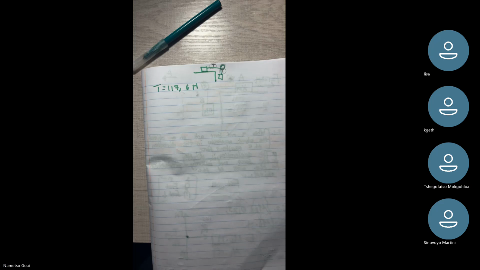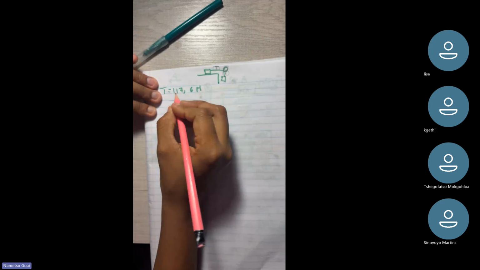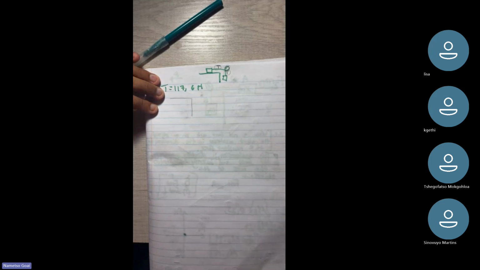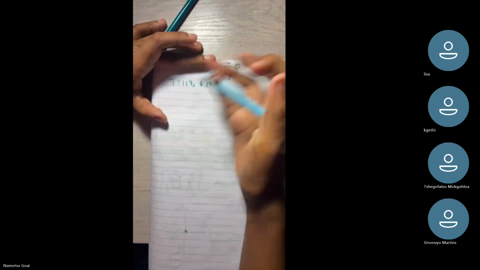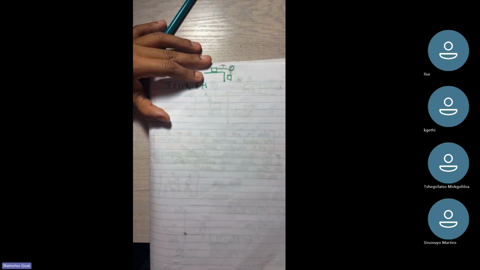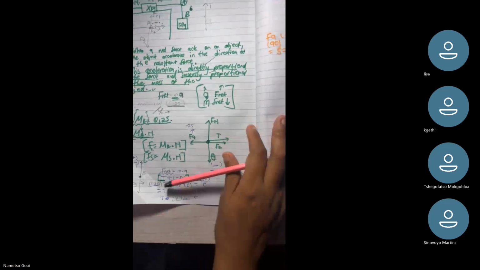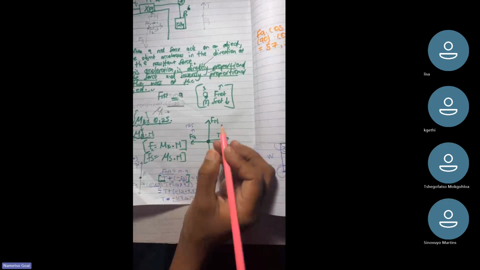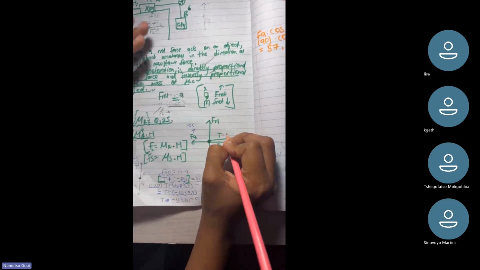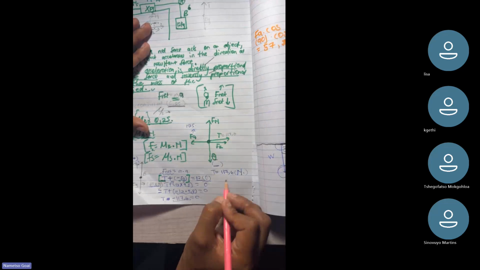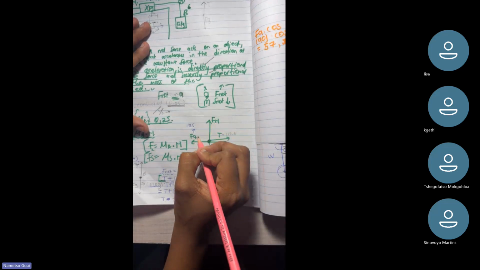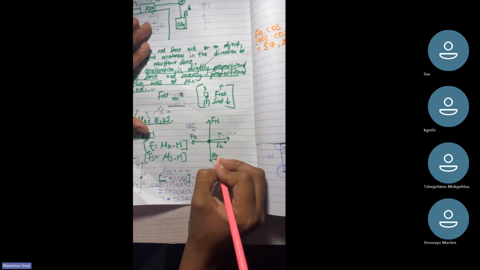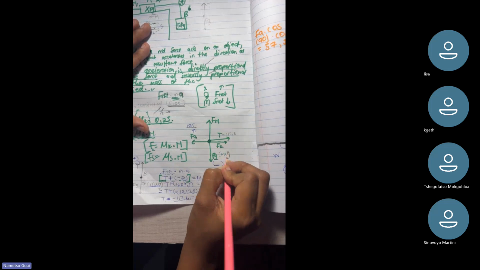Yes, ma'am. Okay. So we now know that this is 117.6 because we just calculated it, and we know Fa to be 125, and we know Fg to be m times g.